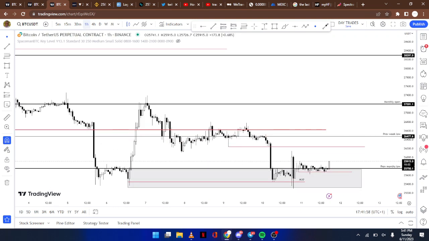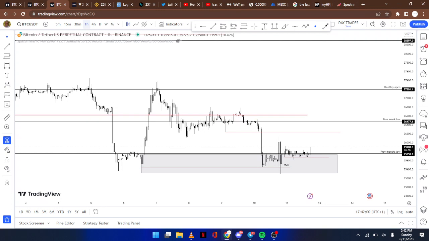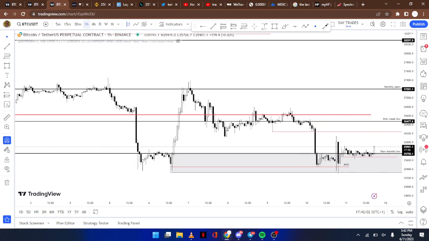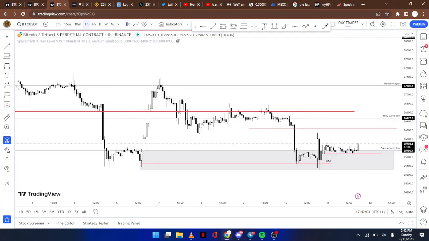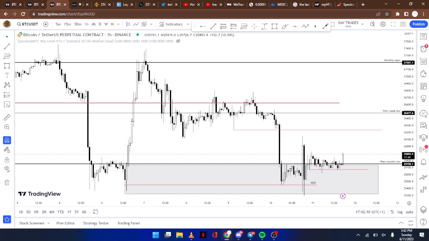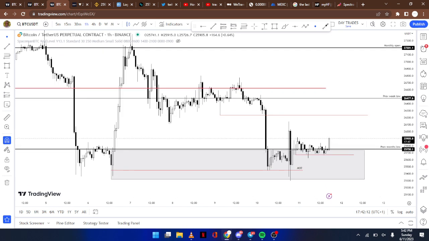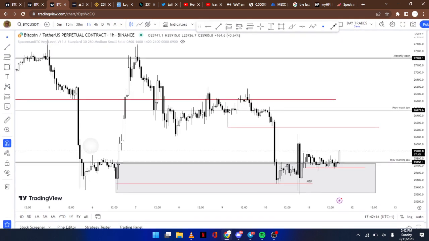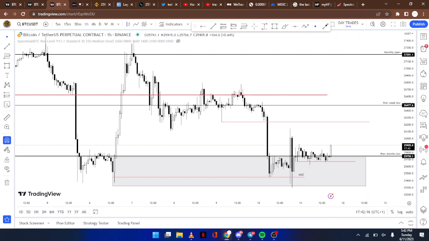So since I already gave you guys the whole idea of how it works, I don't know if I get to see any, but let's keep looking for now. So basically, it's a failed bullish order block turned to a breaker, right? You look to bid the retest. Quite close.